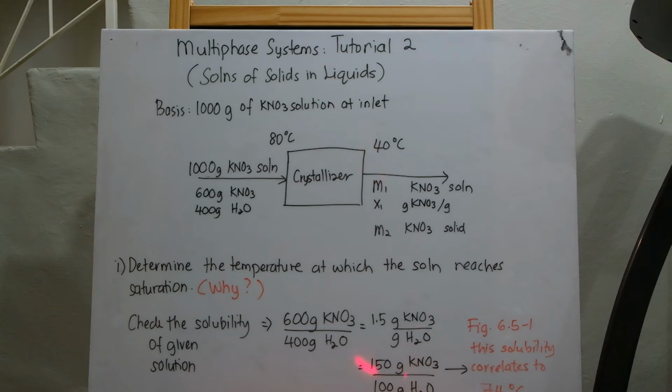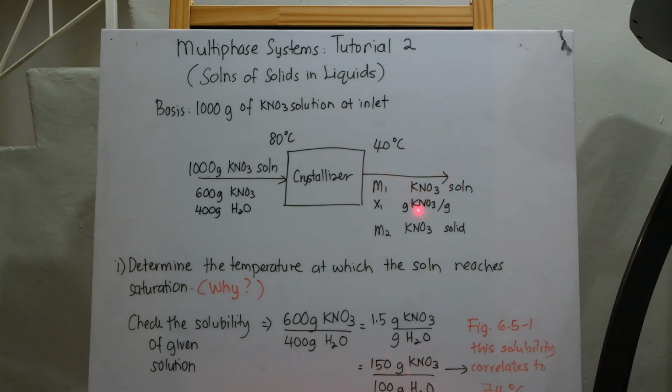Definitely we have too much solute for 40 degrees C, right? Because 40 degrees C solubility is lower. At 74 solubility is higher, which means you have higher potassium nitrate. When you reduce the system to 40 degrees C, it has lower solubility for potassium nitrate.